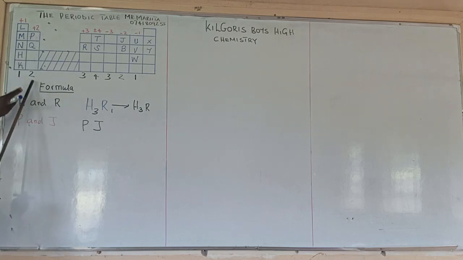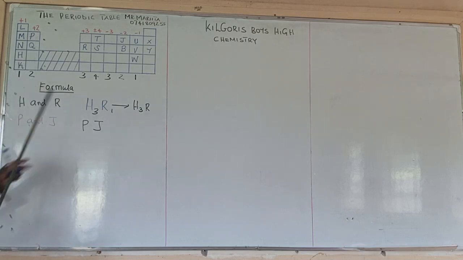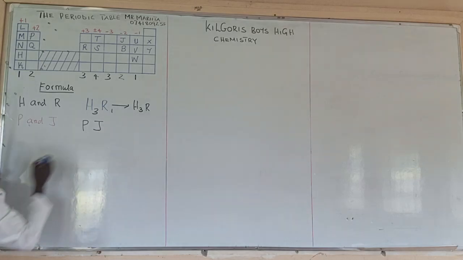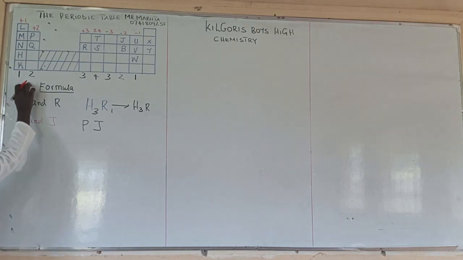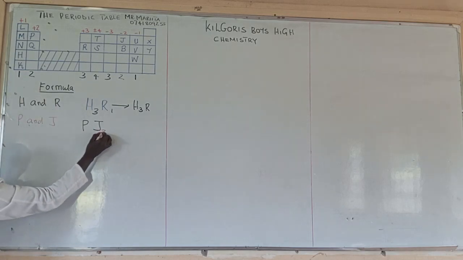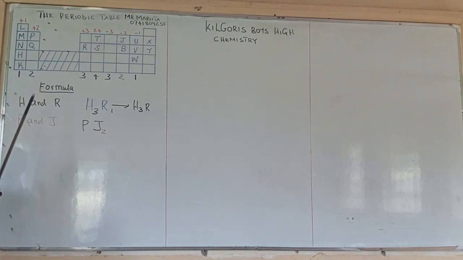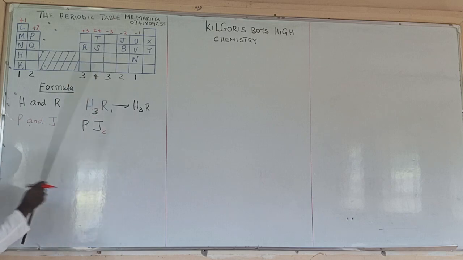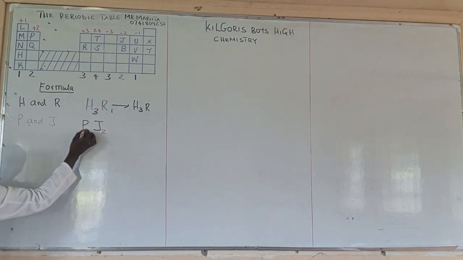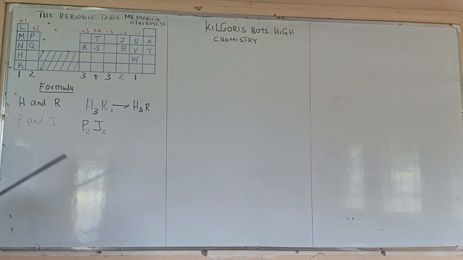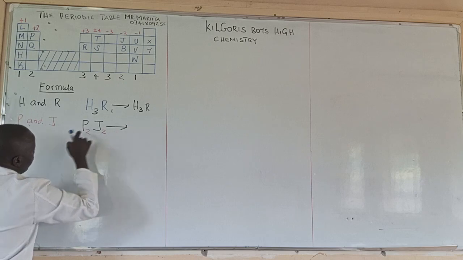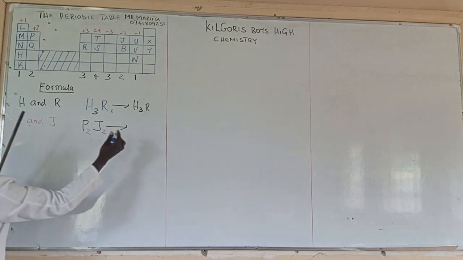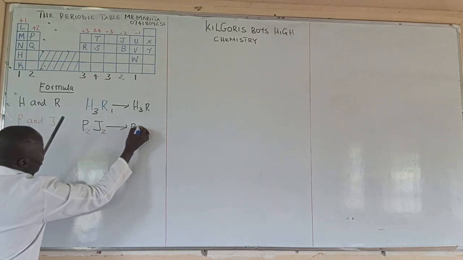Now we take this number 2 and write it at J. And J, which is also 2 here, so you write this 2 there. We know that 2 and 2 can be simplified to 1. So the formula of the compound formed between element P and K is just P, and then we have K.